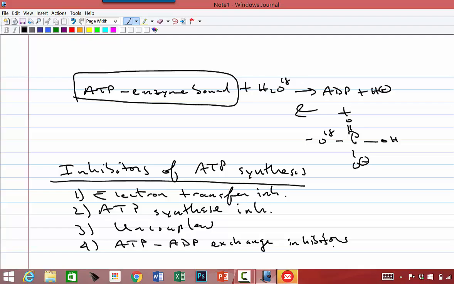Let's talk about these one at a time. Sorry about this. I wish I could just scroll down like my other one, but anyway, let's talk about these carriers, the electron transport inhibitors.